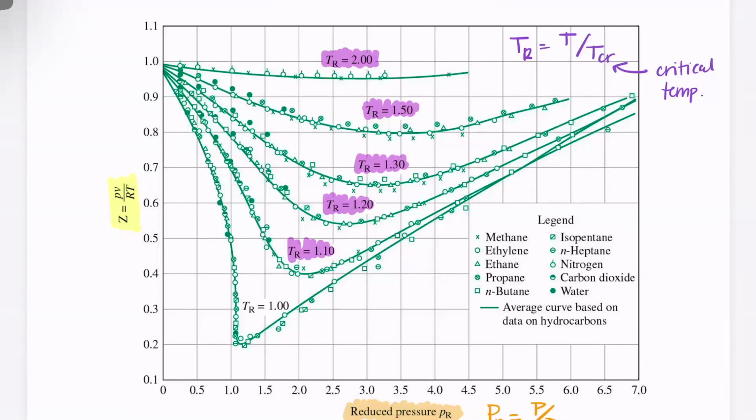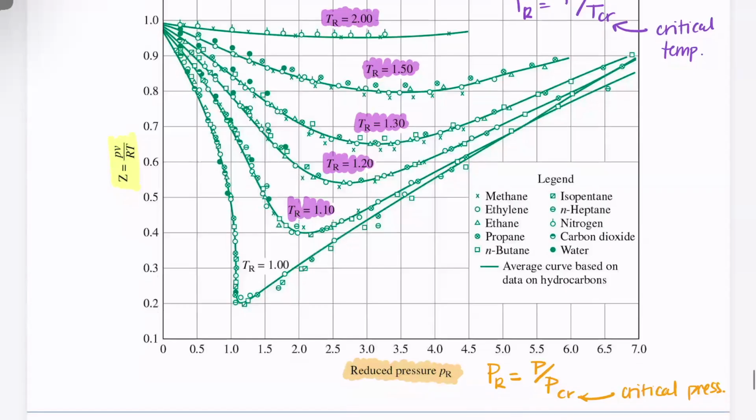Okay, so you can see hopefully that as we get closer and closer to our critical temperature, a temperature equal to the critical temperature would be TR equals 1. That's when we have the worst deviations from the ideal gas law.